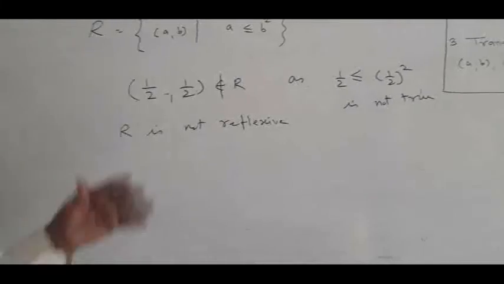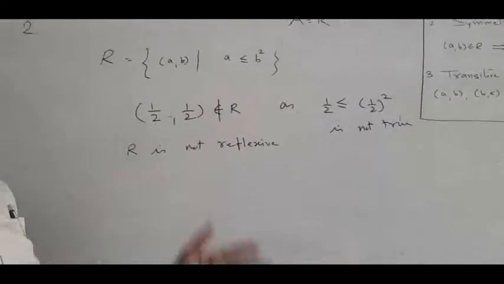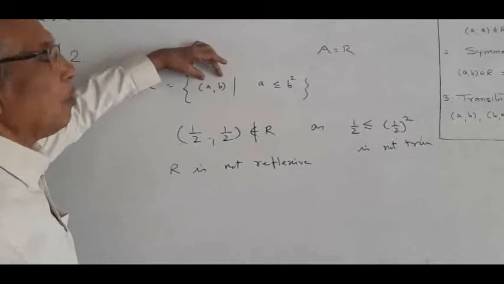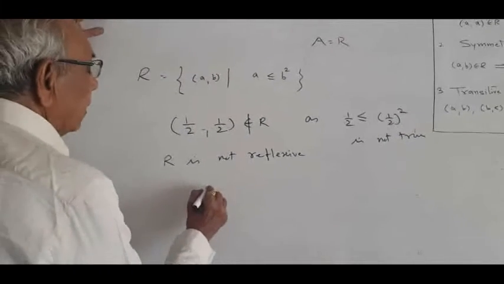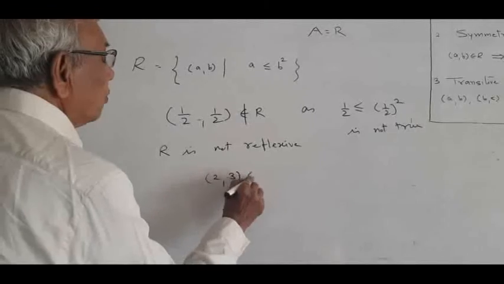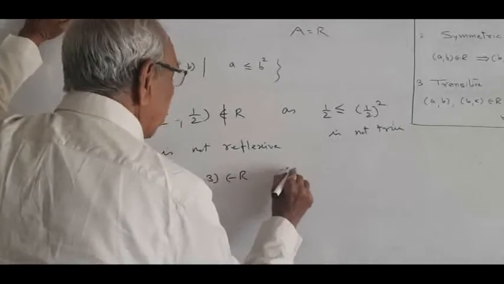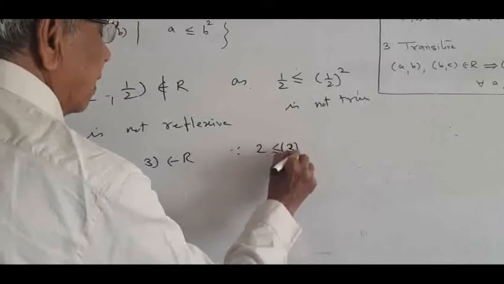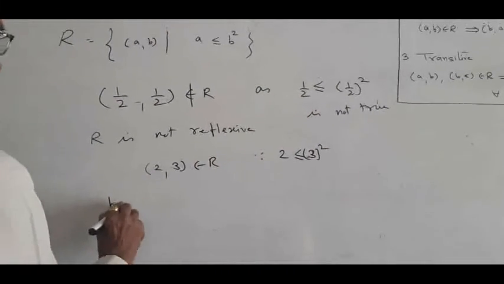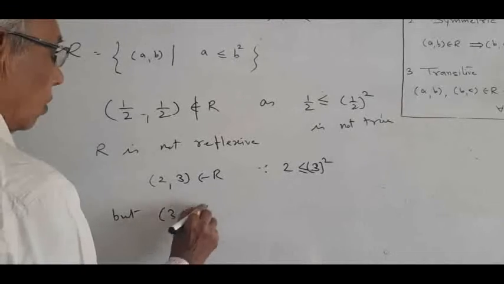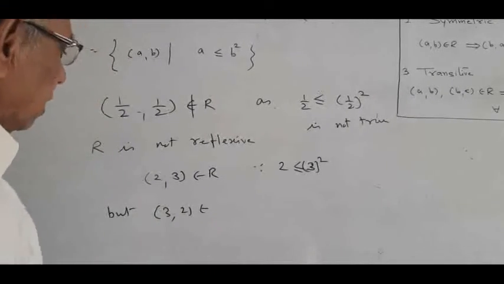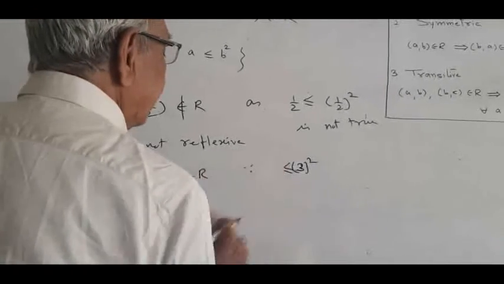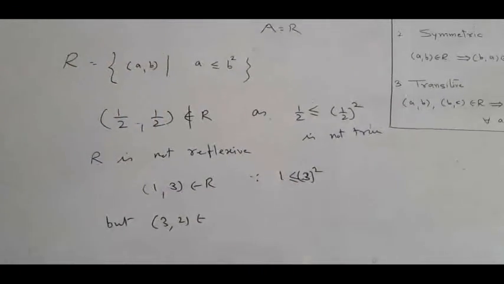Now we want to check whether this relation is symmetric or not. It is symmetric when (a, b) belongs to R, then (b, a) belongs to R. Now here (1, 3) belongs to R because 1 is less than or equal to 3 square.